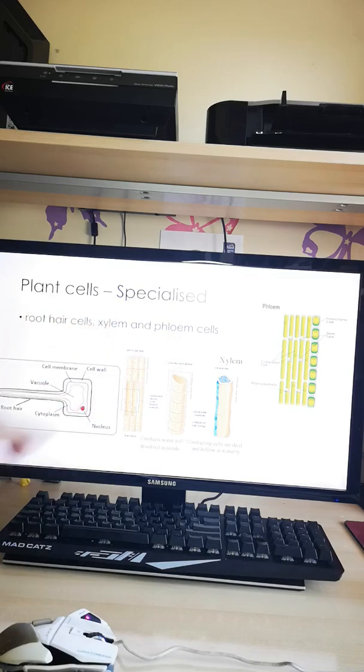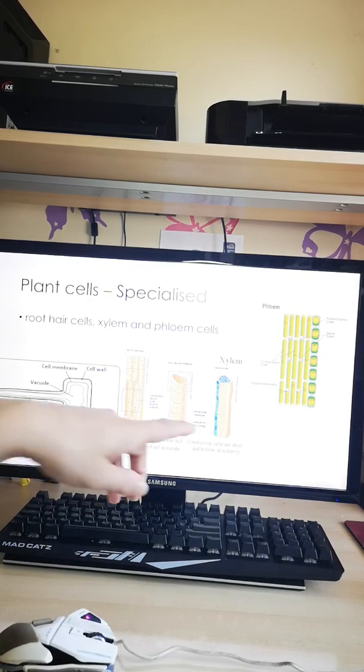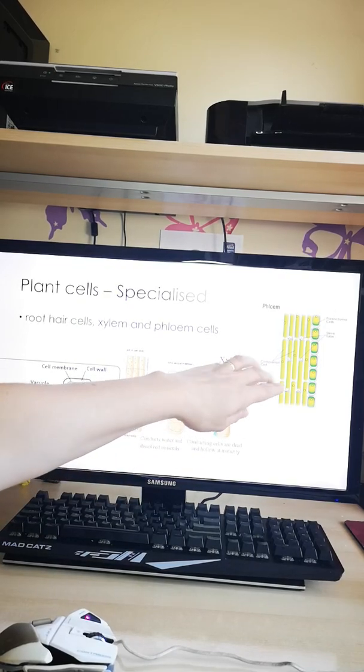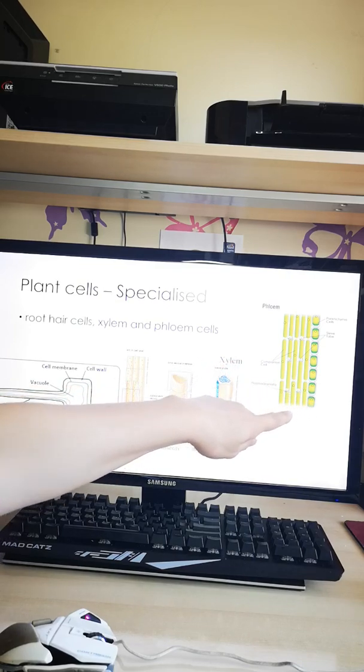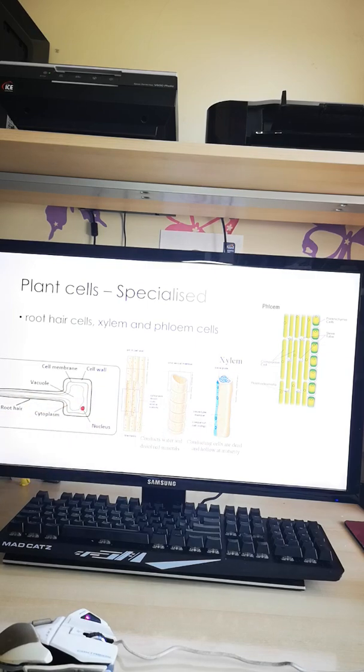Having a look at the phloem, that's not a dead cell, it's a living cell, but it does have reduced numbers of things like mitochondria. And it has these companion cells next door to them that take over some of the roles that that cell can't do because it's got a reduced number of subcellular structures.